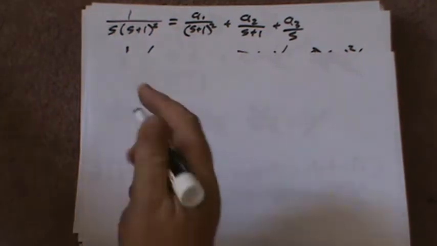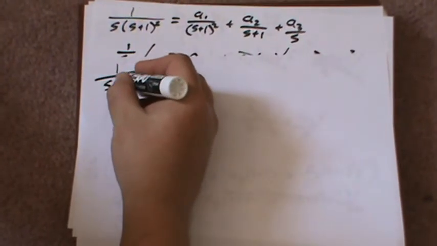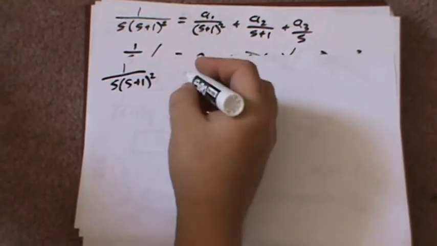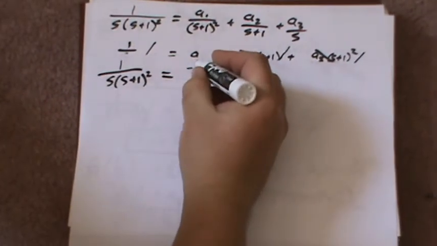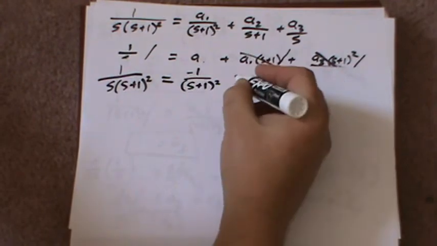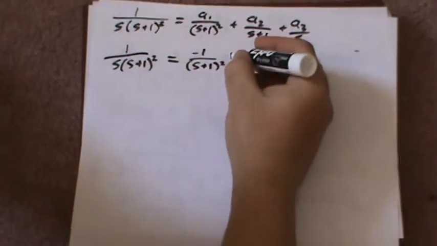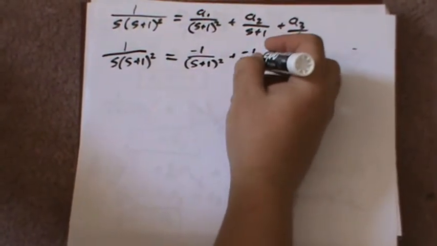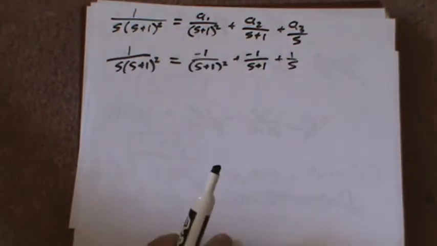What that means is that 1 over s times (s plus 1) squared is equal to, A1 is minus 1, so I have minus 1 over (s plus 1) squared, and A2 we found was also minus 1, plus minus 1 over s plus 1, and A3 is 1.